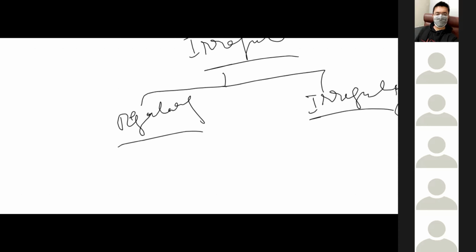Okay, the normal axis of the heart lies between plus 90 degree to minus 180 degree. This is the normal axis of the heart, like this.